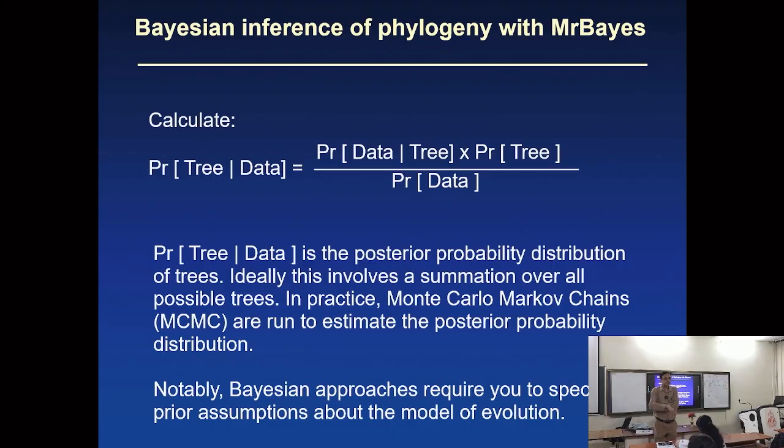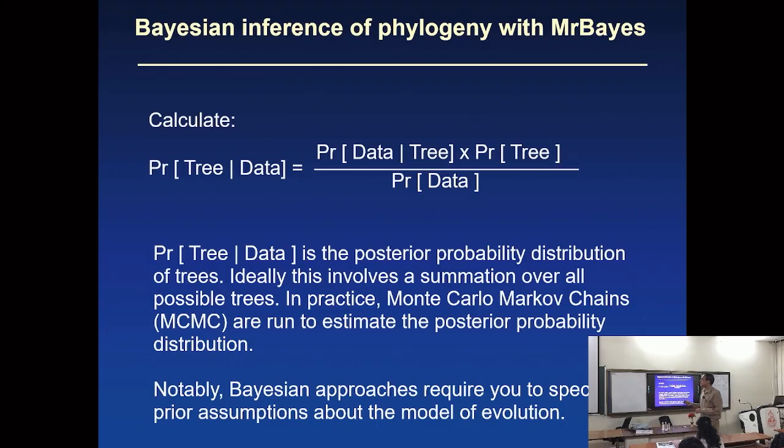Among these 7, the one that has the highest probability value, right? Same thing you will do here. The tree that has the highest value of posterior probability, you are going to select that tree, because that tree is most likely the right tree that explains the relationships in the given data.